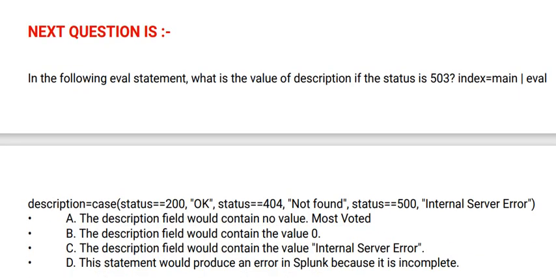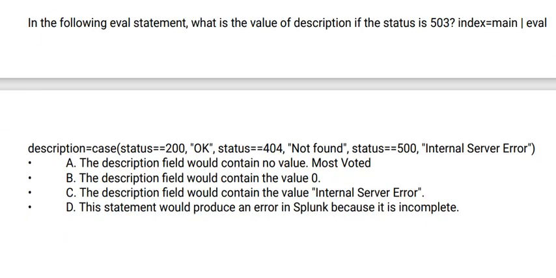Next question is, in the following eval statement, what is the value of description if the status is 503, index equals main level? Description is case status 200, OK, status 404, not found, status 500, internal server error. Option A, description field would contain no value.